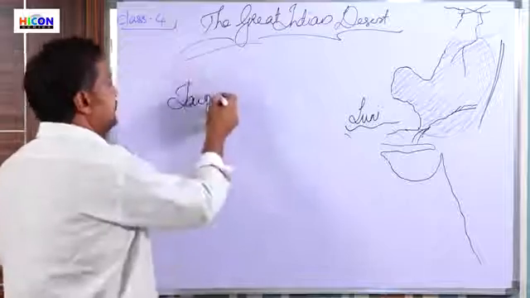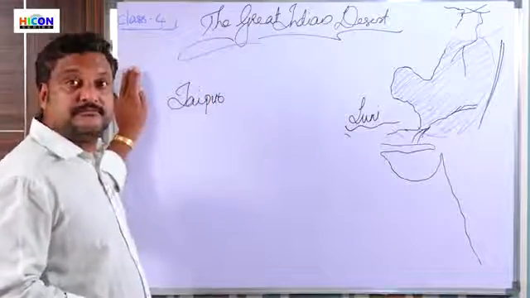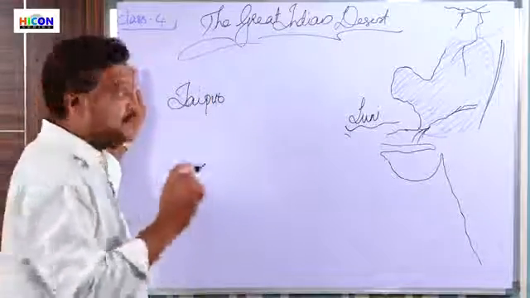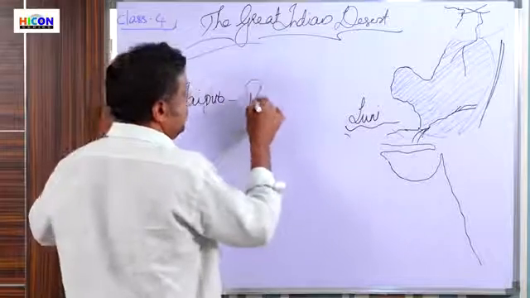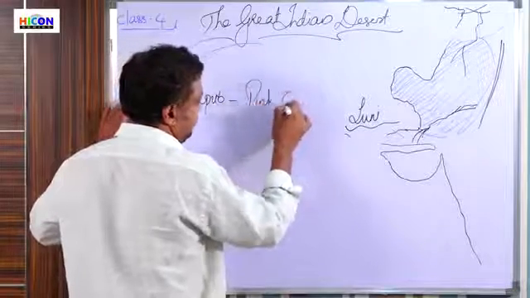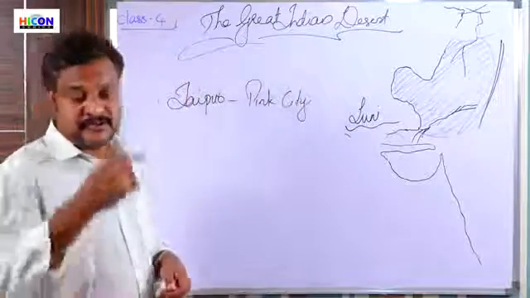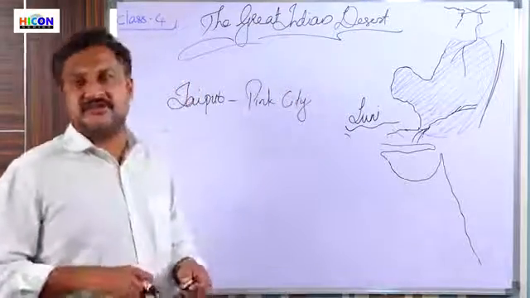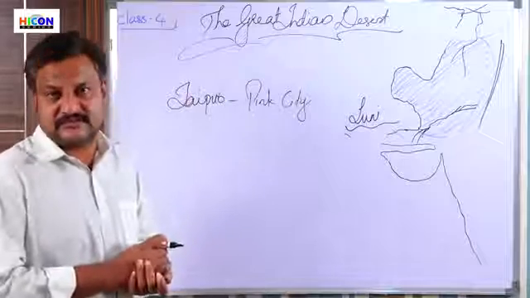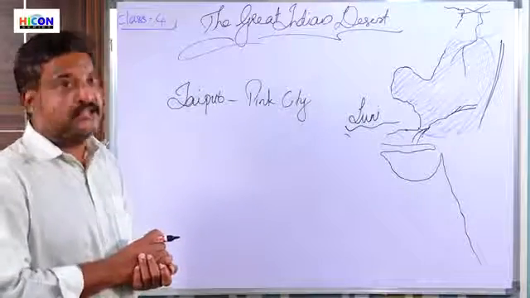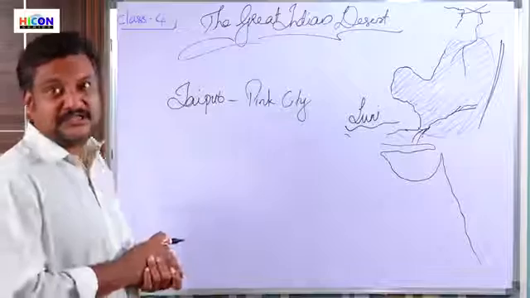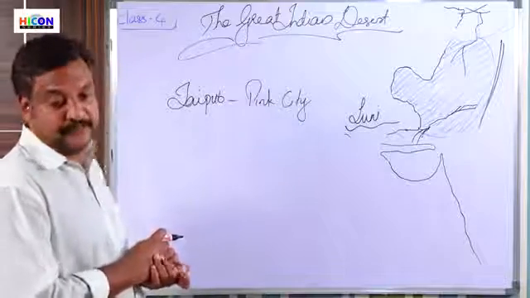Jaipur is the capital of Rajasthan, and it is also known as the Pink City. Because there are a large number of constructions on sandstones, that makes it look pinkish, and that is known as the Pink City of India.